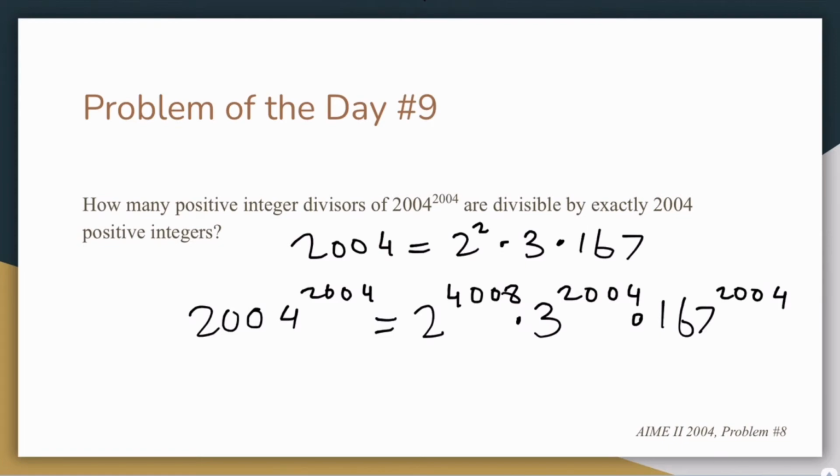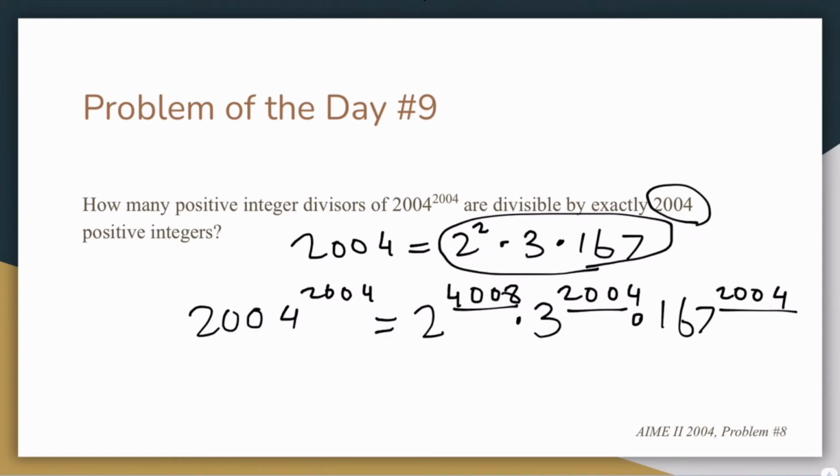Now, all we have to do is distribute these prime factors among these numbers, since all of them are greater than or equal to 2003, which is what is necessary if we need 2004 factors.